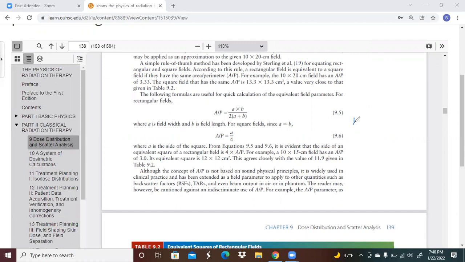So A over P is going to be equal to 10 times 15 divided by 2 times the sum, 10 plus 15, I'm sorry.